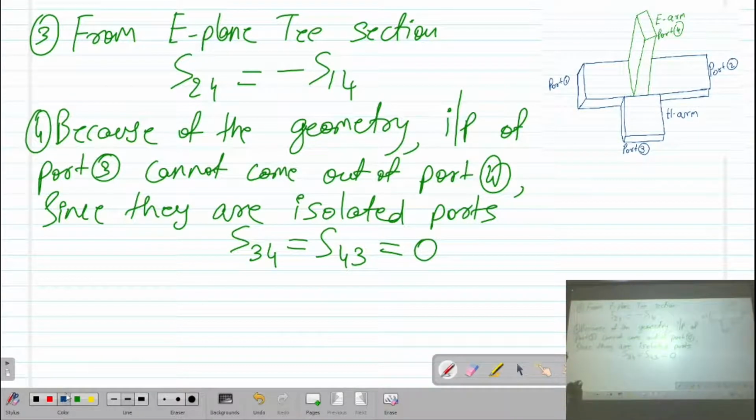Now number 5, that is from symmetric properties.